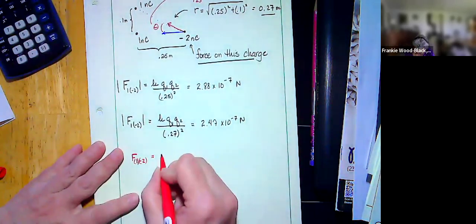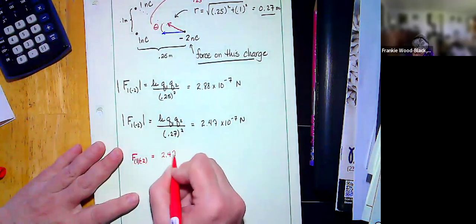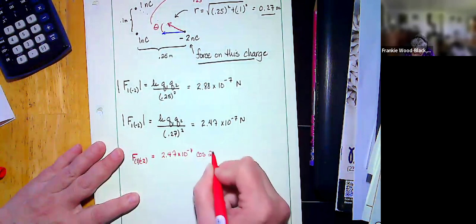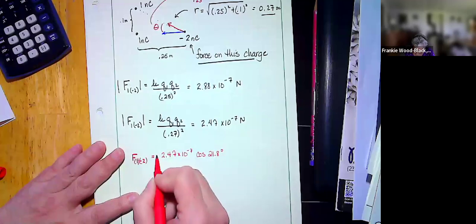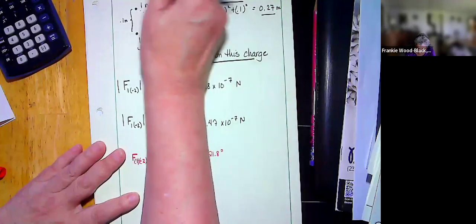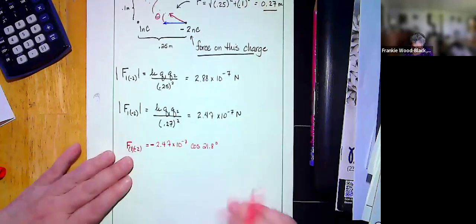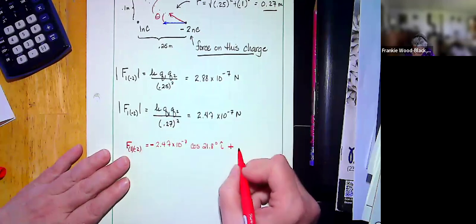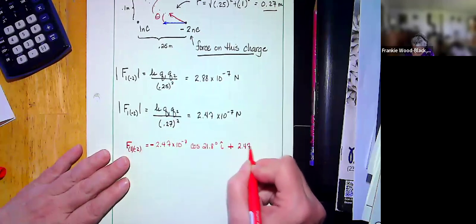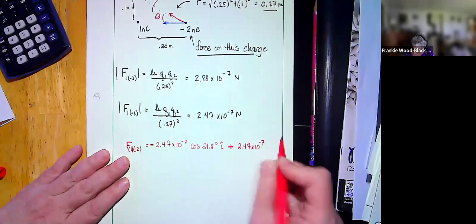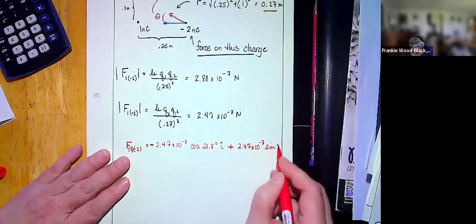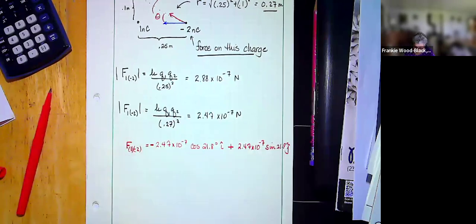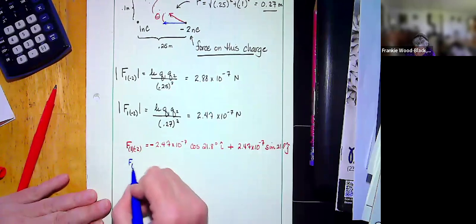So this is going to be 2.47 times 10 to the -7 cosine of 21.8 degrees, but I'm going to put a negative because this direction's negative. And that's going to be in the i direction. But my y is positive, so it's 2.47 times 10 to the -7 sine of my 21.8 degrees in the j direction.